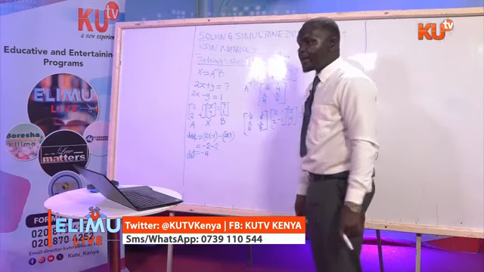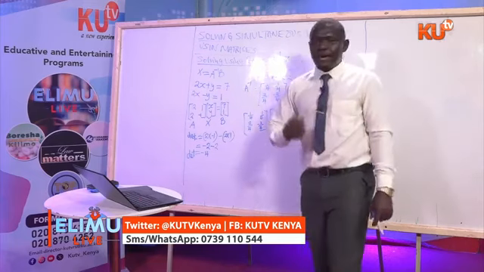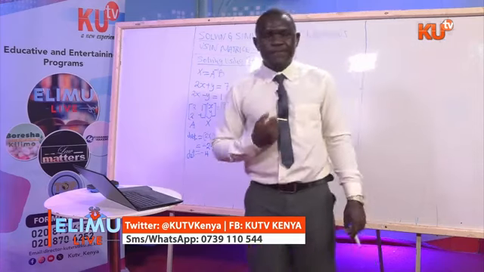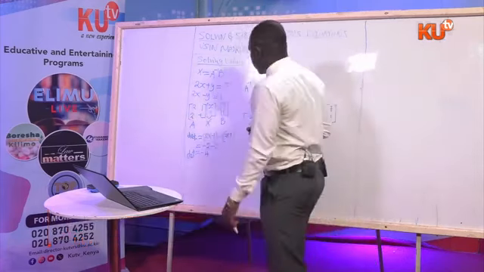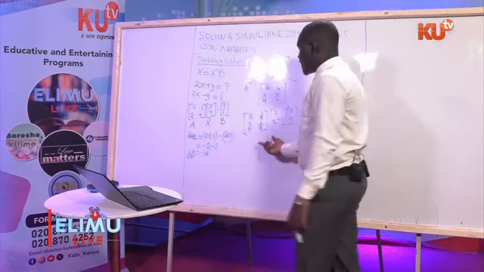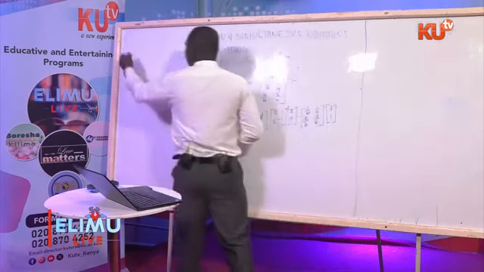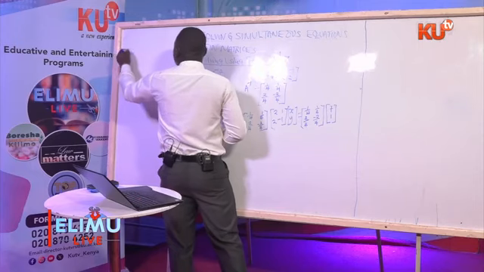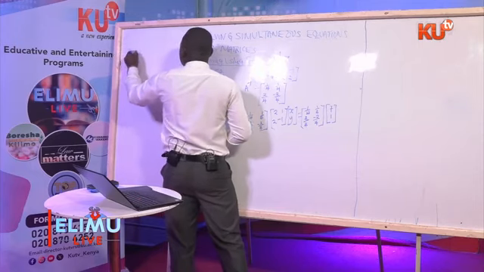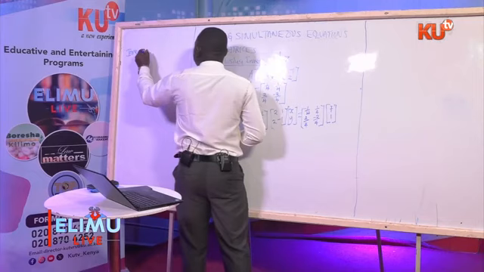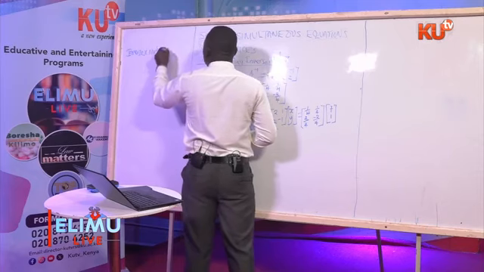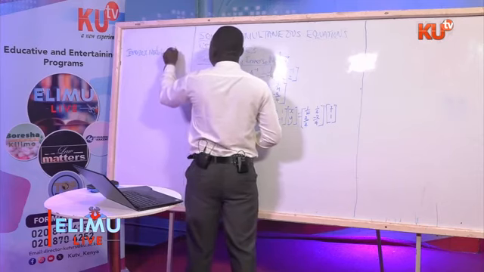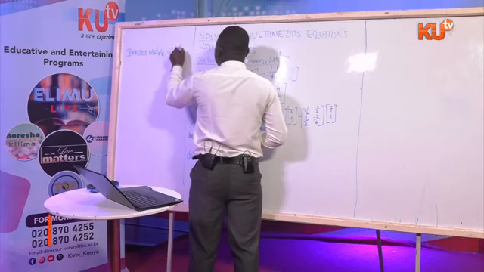Then there is something, learners, that you need to remember. What do you need to remember? The inverse of the matrix times the matrix itself gives what you call an identity matrix. You multiply this by the matrix itself, it always gives you an identity matrix.